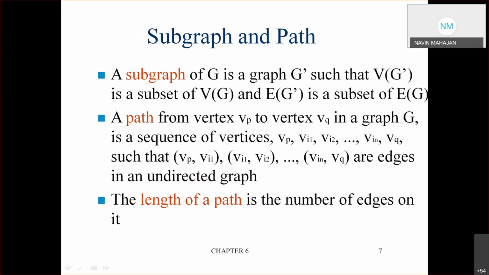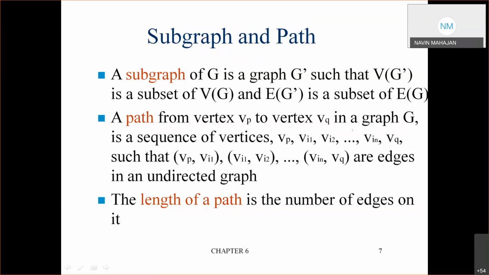A path, what is a path? Path is what we need to see when traversing. A path from vertex VP to vertex VQ in a graph G is a sequence of vertices. Suppose my starting vertex is VP and the ending is VQ. If we have a direct line, I can write VP to VQ.